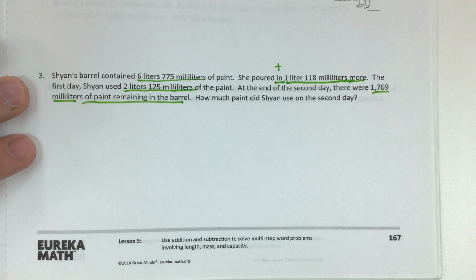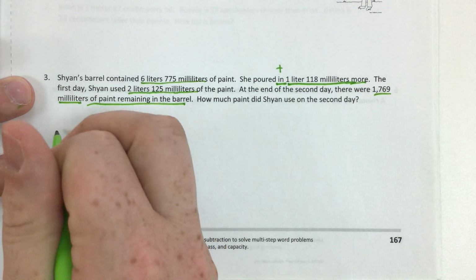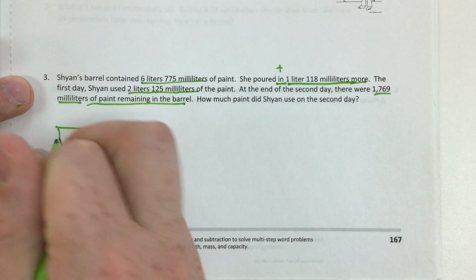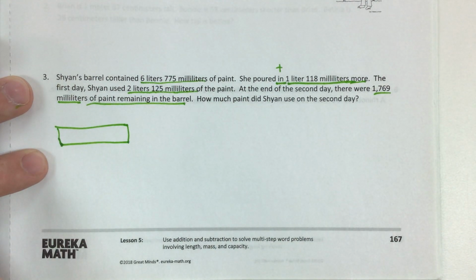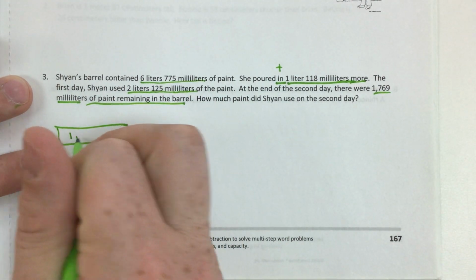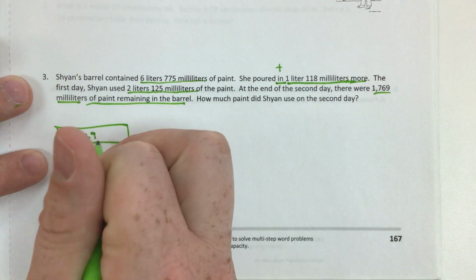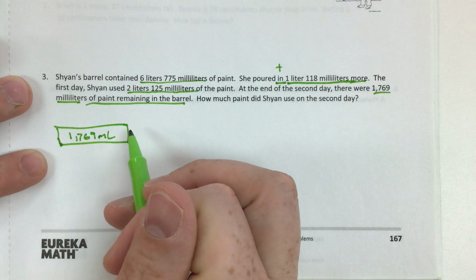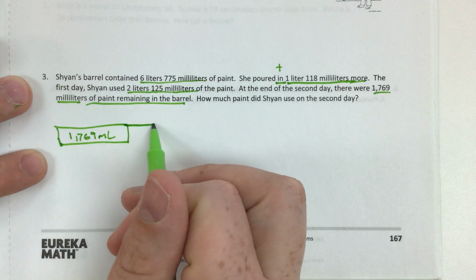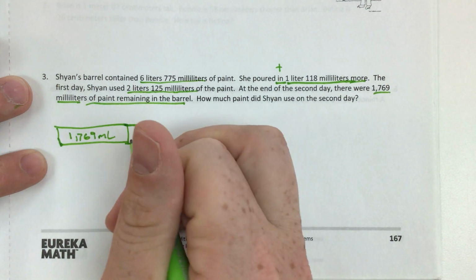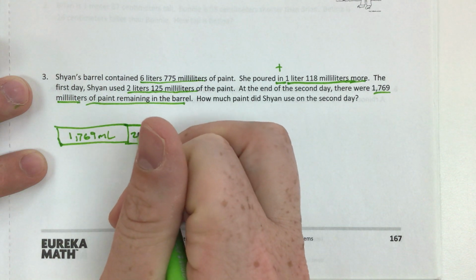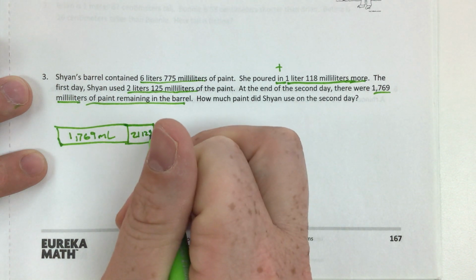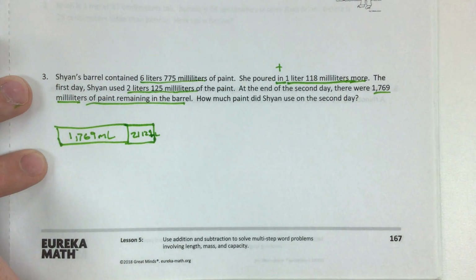Oh, this seems brutal. So, we know at the end we have a certain amount left over, right? 1,769 milliliters. We used 2 liters, 125 milliliters.